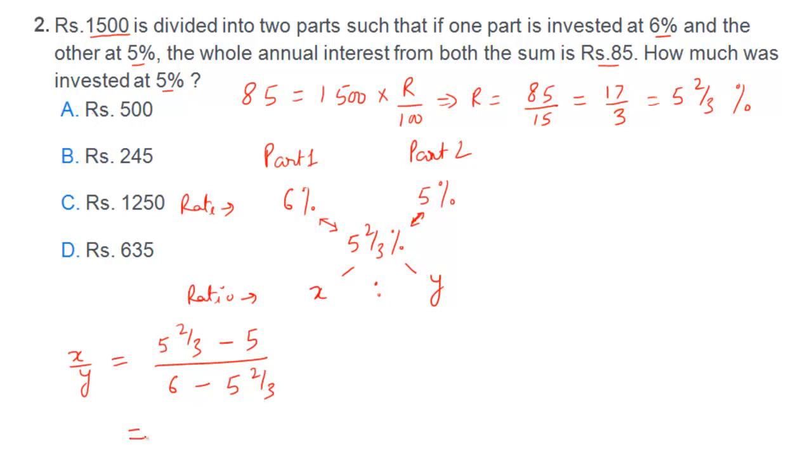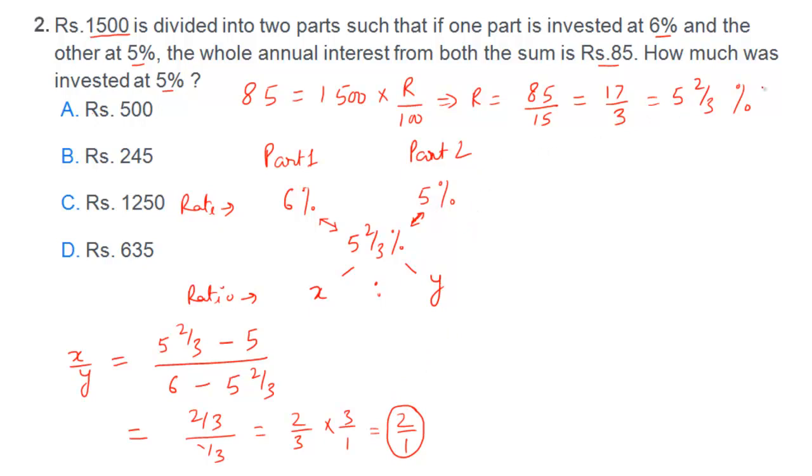So this can be further written as 2 by 3 divided by 1 by 3, or I can write 2 by 3 into 3 by 1, or 2 by 1. So we got this ratio, that means the money has to be divided in the ratio 2:1.